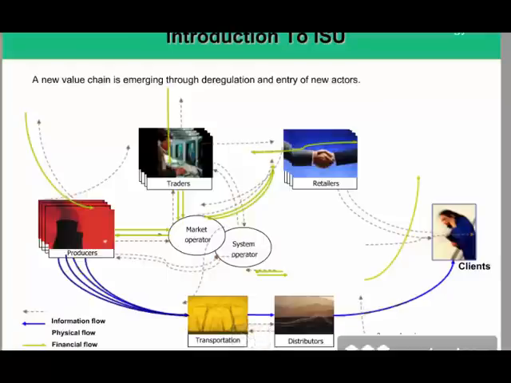But for the information flow and financial flow, you see a web generated in the deregulated market. Traders come into the picture, buy the electricity generated by the producer, and sell it to the transmitter. Then the retailers take from the transmission line and sell to the client.